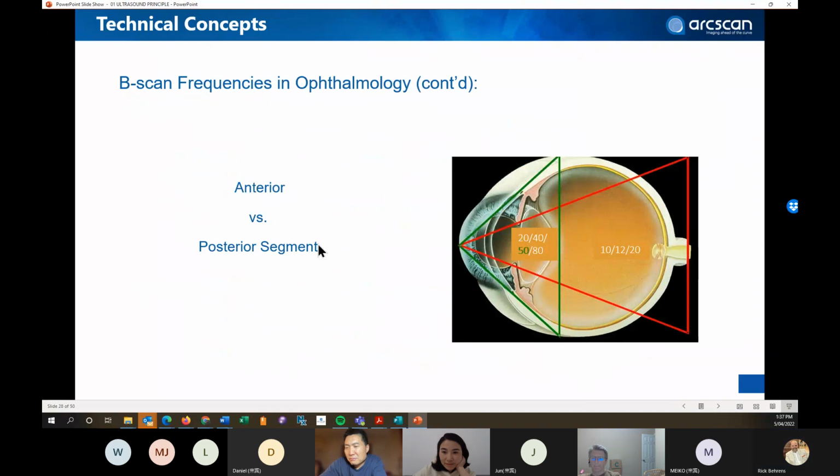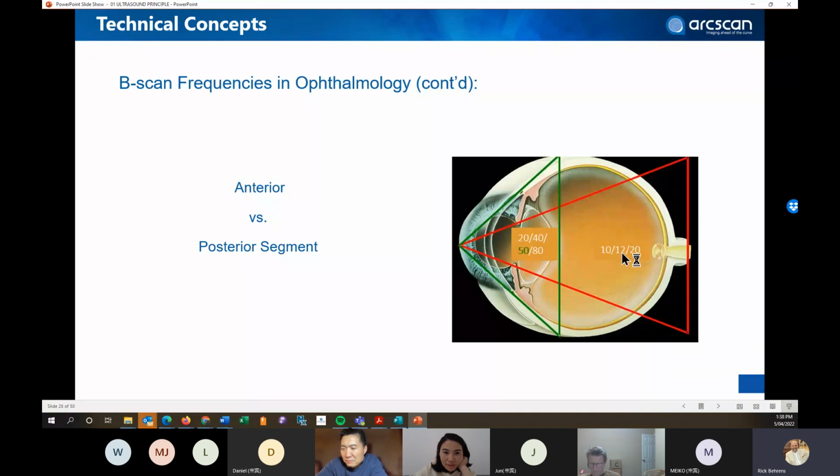Of all the frequencies used in the anterior segment, you will find 20, 40, 50, and 80. We are 50, and that's the most popular and the best frequency in the market. For the posterior, just for your information, you have 10, 12, 15, and 20.